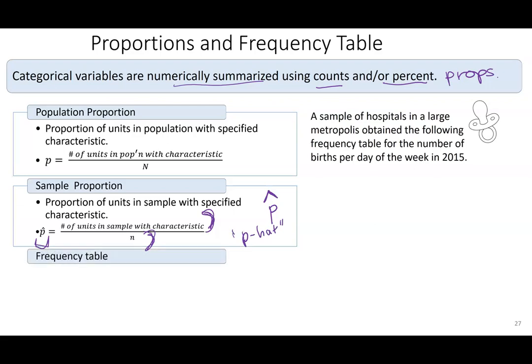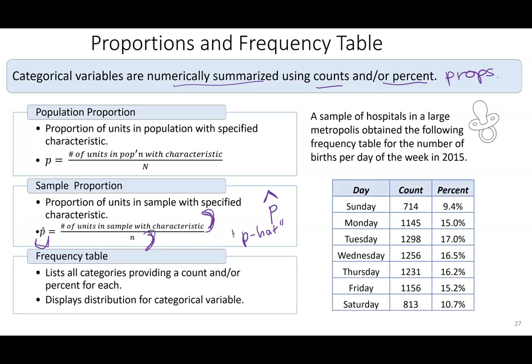So frequency tables, those are also common just to summarize what we have. So it lists all the categories and it provides a count or proportion or percent for each individual category. So, for example here, we took a sample of hospitals in a large area, and we went ahead and we recorded, okay, well, in this year, in 2015, how many babies were born on Sundays?